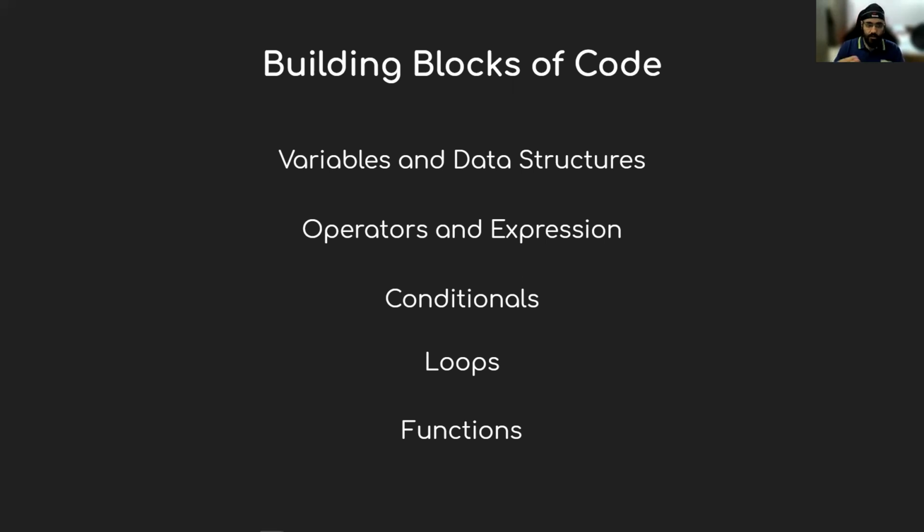Conditionals allow us to do if else to actually write the logic in our code. So that's where a lot of rules or the magic of computation comes in. Loops are to iterate over lists of data, and then you do an operation on each of them. So that's where loops are super useful.